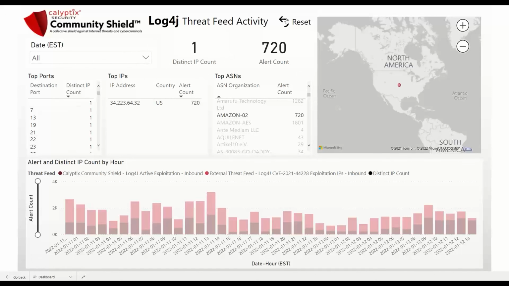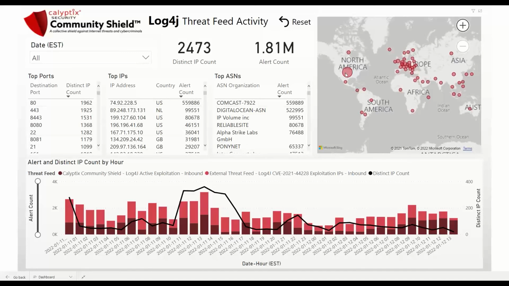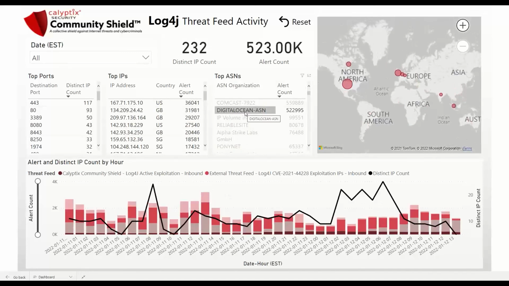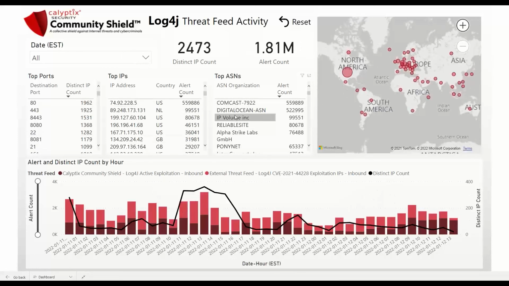Again, there's the ports, what they're targeting, where they're coming from. DigitalOcean operates infrastructure across the world. I'm going to flip now back to an internal dashboard that shows a little bit more.